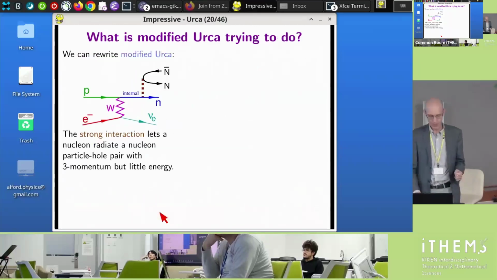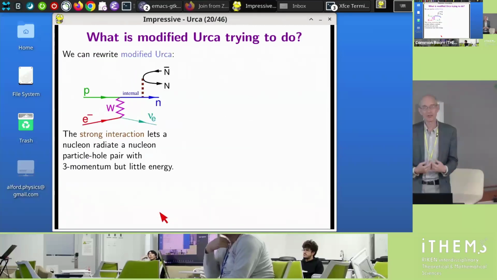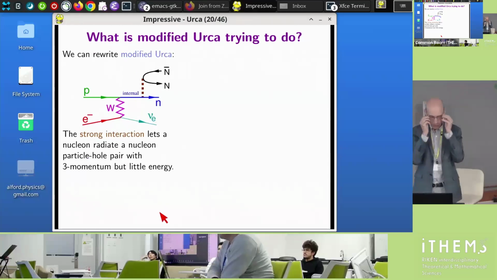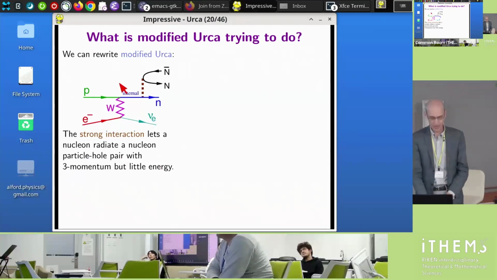So let's think about what the modified Urca is trying to do so that we can do it better. Well, you can think of that collision with a spectator nucleon. You can think of it this way: you can take that incoming spectator nucleon and fold it over into the final state instead. And you can think of the modified Urca process as creating a particle-hole pair near the Fermi surface, right?